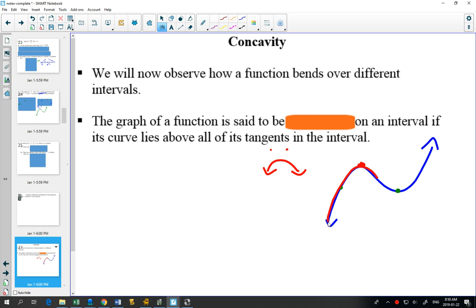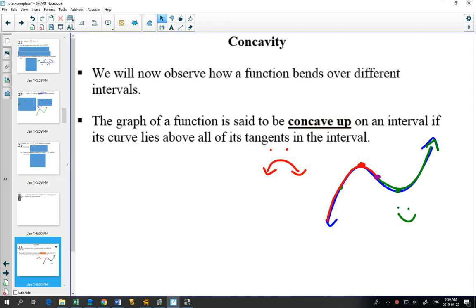And there are parts of the graph that are concave up, and this point right here is a point where it changes from being concave down to concave up. So knowing that point can also help us draw our graph more smoothly and more accurately as well. Okay?